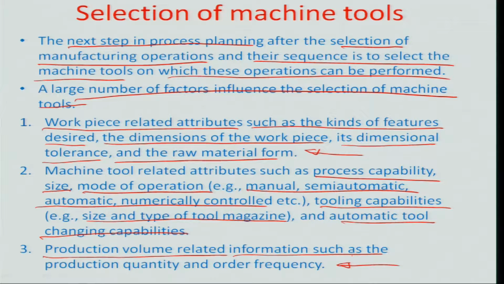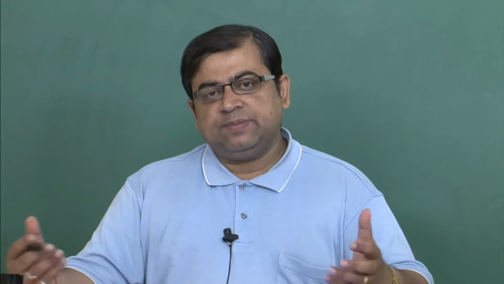So in a nutshell, we have now covered the analysis of part requirements, which is the first step of process planning. We have then covered the selection of the raw workpiece. We have also covered determining the manufacturing operations and their sequences, and finally the selection of machine tools. Now we will try to analyze how the process capability of different toolings can be matched to the specification.